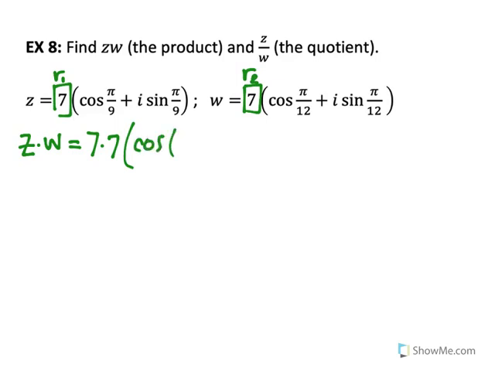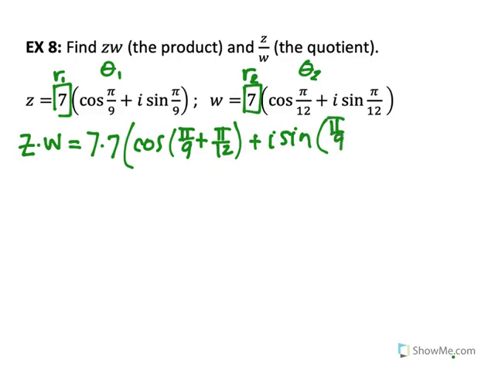And then I take cosine of theta 1, here's theta 2. I'm going to take theta 1, which is pi over 9 plus pi over 12, plus i sine pi over 9 plus pi over 12.